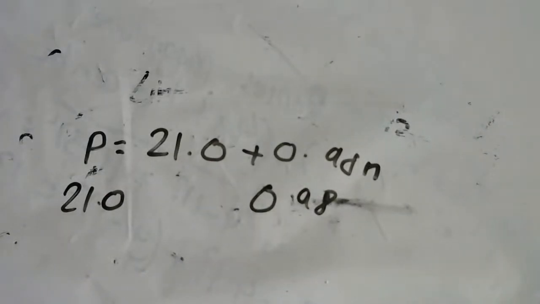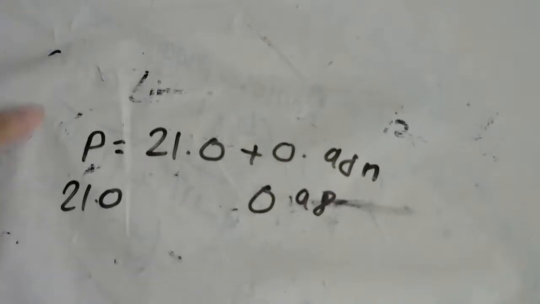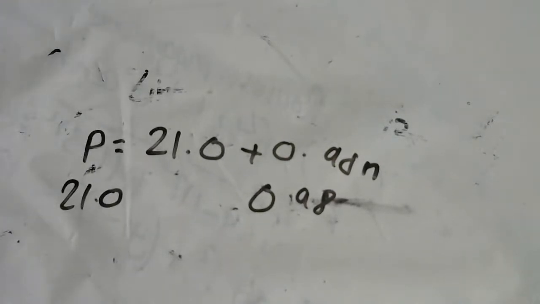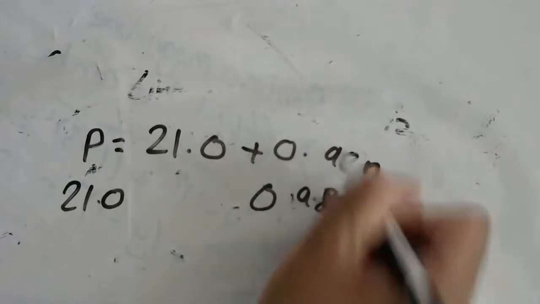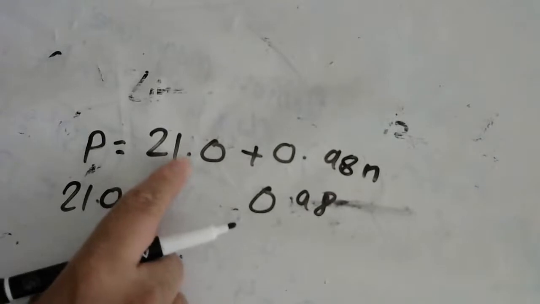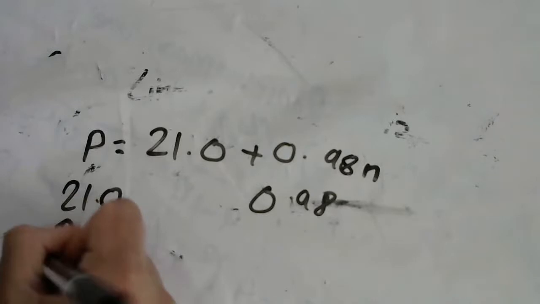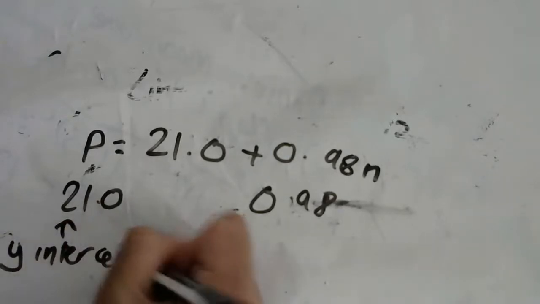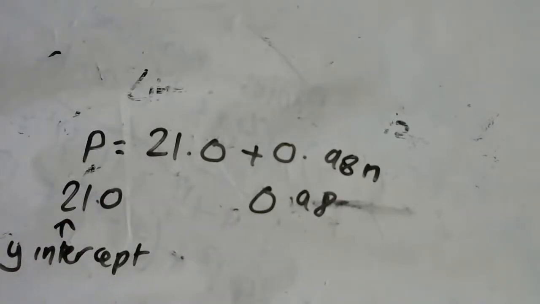Okay, so in this context, you've got an equation of a line. Basically, this is the equation of your line of best fit, or your regression line. And in your regression line, this number here is c, the y-intercept. So 21.0 is your y-intercept. And why do I care about that? Because your y-intercept tells you what happens when you haven't made any items at all.